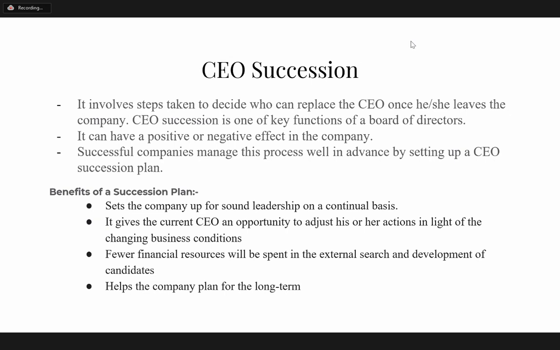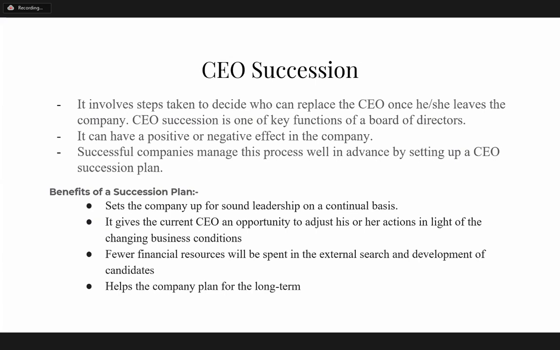Some of the benefits of a succession plan are that it sets the company up for sound leadership on a continual basis. It also gives the current CEO an opportunity to adjust his or her actions in light of changing business conditions. It's cost effective in that fewer financial resources will be spent on the external search and development of candidates. It also helps the company plan for the long term.